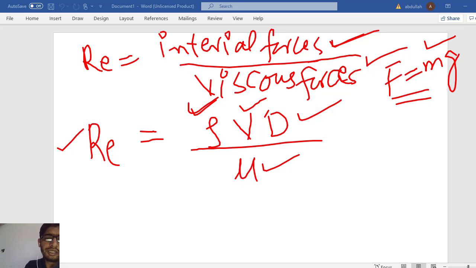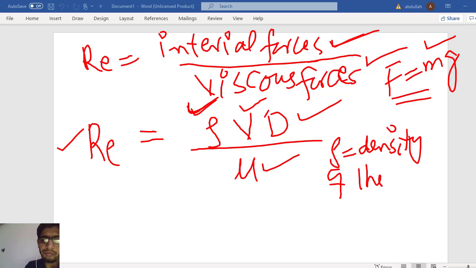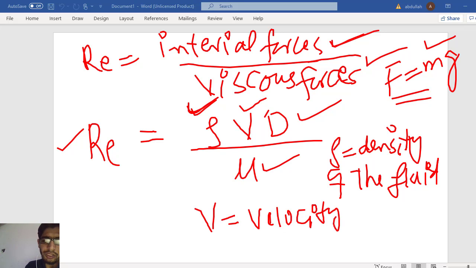Now rho is the density of the fluid, v is the velocity of the fluid, the fluid can be water or air or some other fluid.